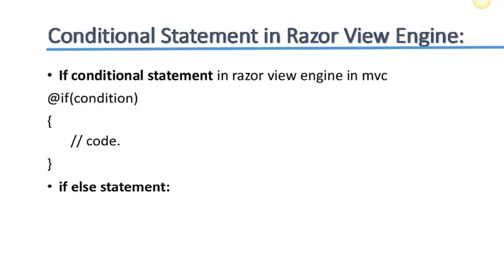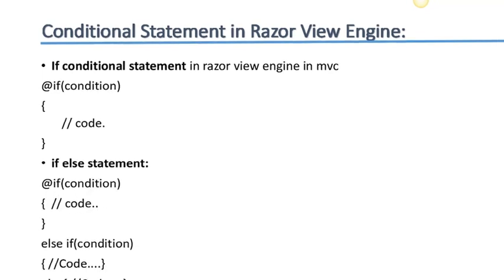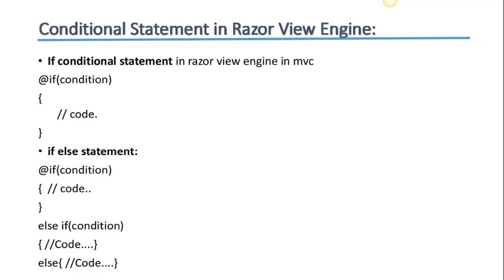Next we are going to understand the if else statement in the Razor view engine. The syntax of the if else statement is @if condition, curly bracket open and close, else if condition, curly bracket open and close, else, and curly bracket open and close. In an if else statement, the first if statement verifies the condition. If the condition is satisfied in the first statement, then it does not execute the else if and else statements.